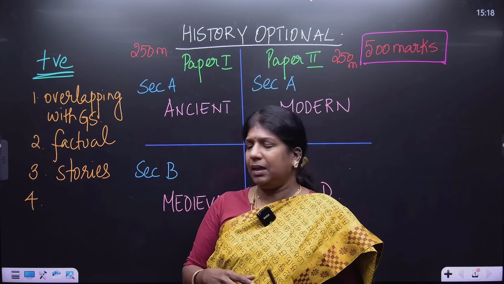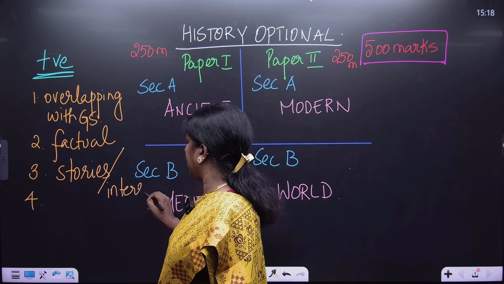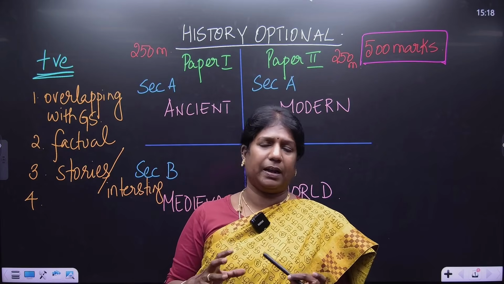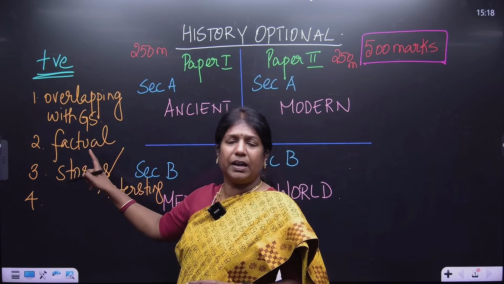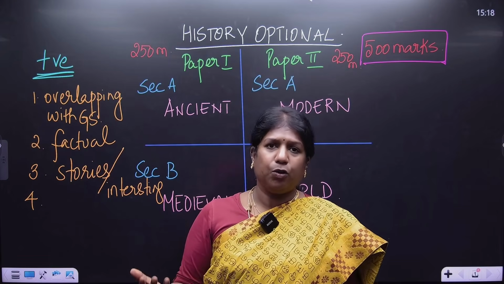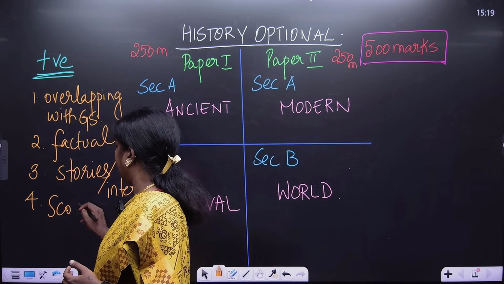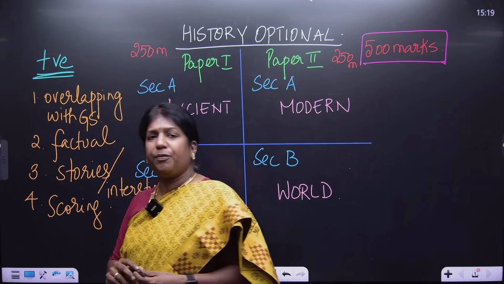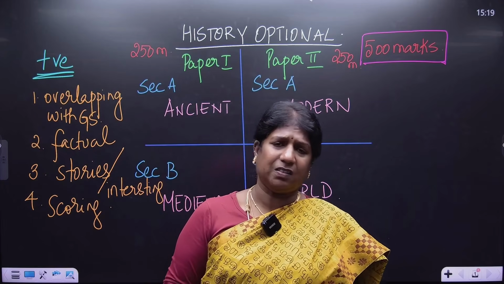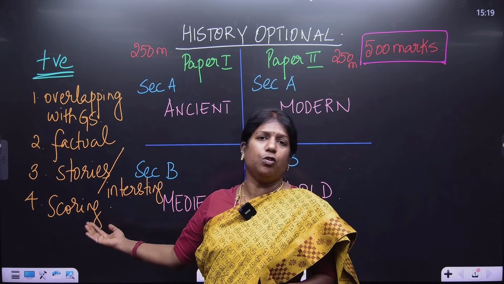So when the subject is story based, it automatically makes the subject very interesting. History is one of the interesting subjects as well. Being factual, you connect it with a story and you memorize it with your retention power. So what you do for your GS, you're just going to do for your optional. Since it's a factual subject, if you know the facts by heart and are able to connect them and write an answer meeting the demand of the question, automatically you would fetch good marks.